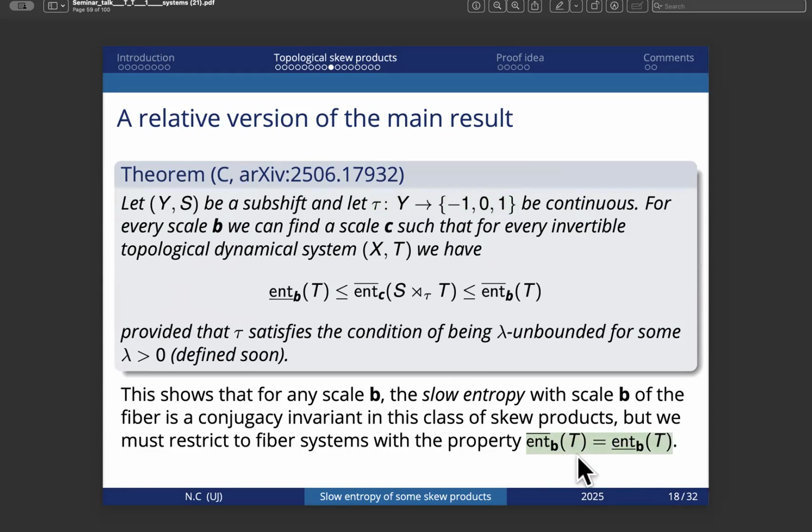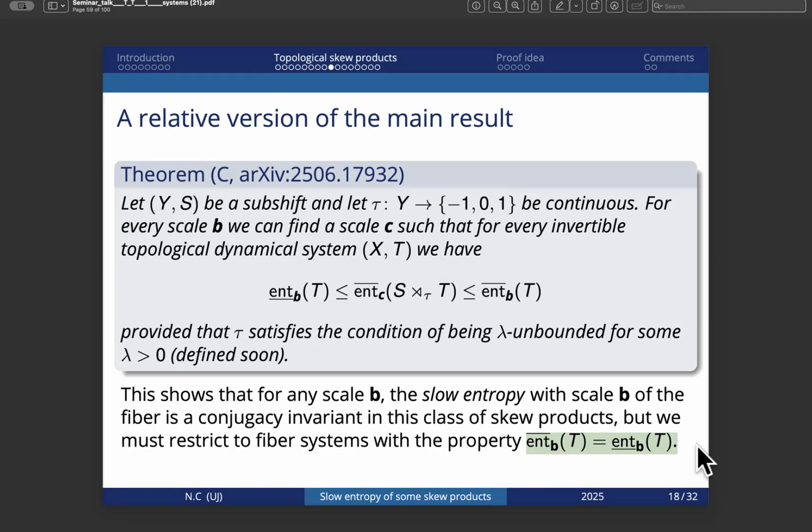So this is maybe, in an informal way, there is this thing that in the typical formulation of topological entropy, there is a lim sup, but you can replace it with a liminf and you get the same thing. And that essentially means that with this scale, the exponential scale, you have the same value for the upper and lower slow entropy.